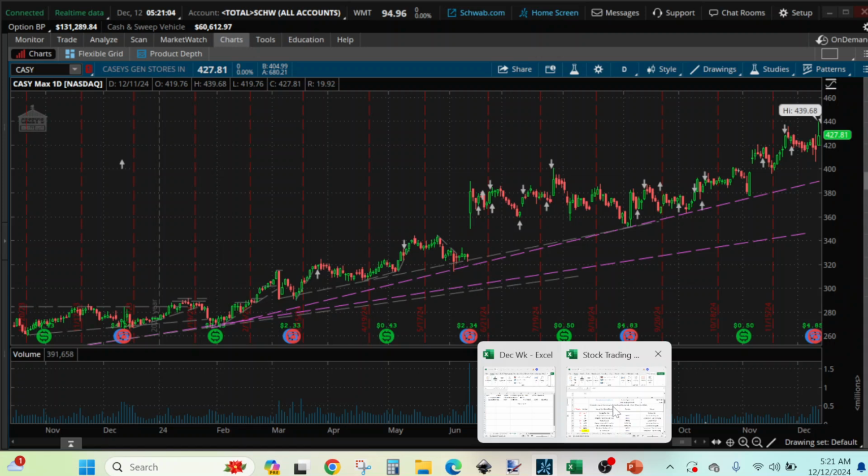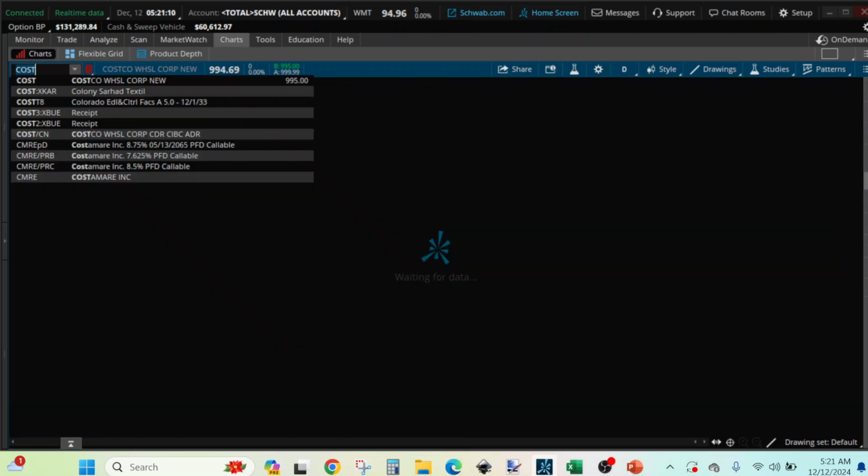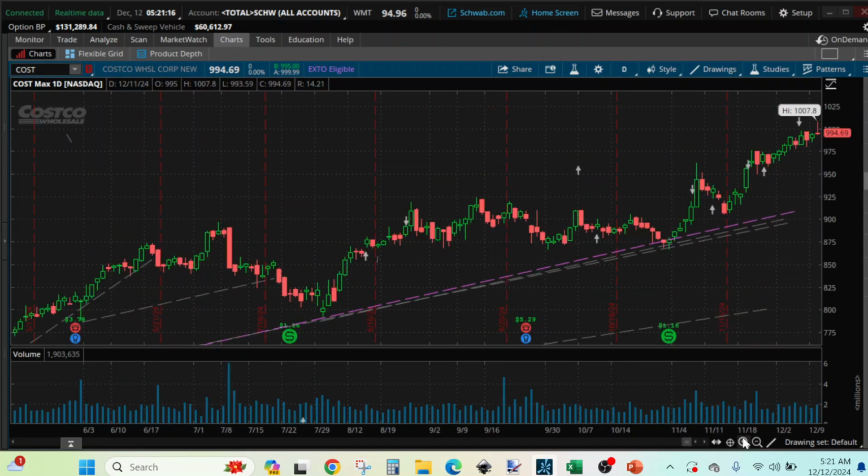Costco. So Costco is nowhere near the line we like to buy on, so we can just wait, or at least we can extend our line, if the chart allows us, to the 1 hour chart.